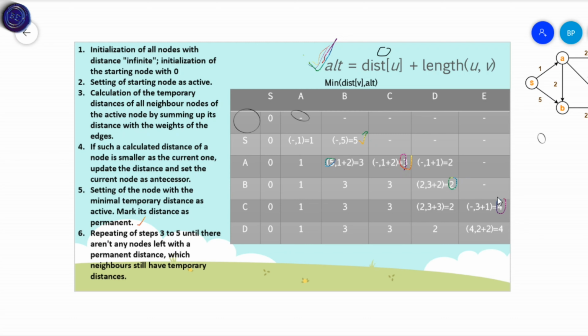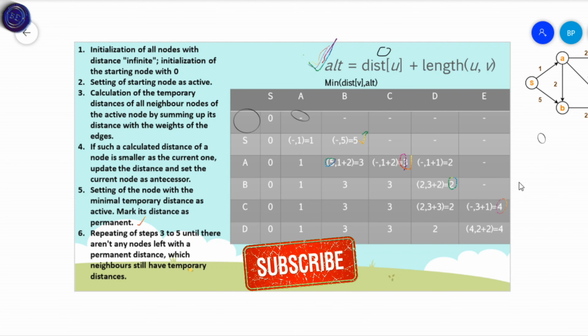Here we set 4 as a permanent one. Repeat steps 3 to 5 until there are no nodes left with a permanent distance whose neighbors still have temporary distances. So we have to repeat steps 3 to 5 until there are no nodes. I think you understood it.